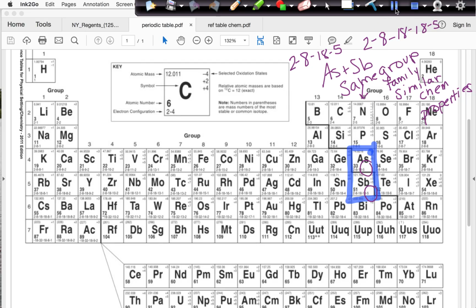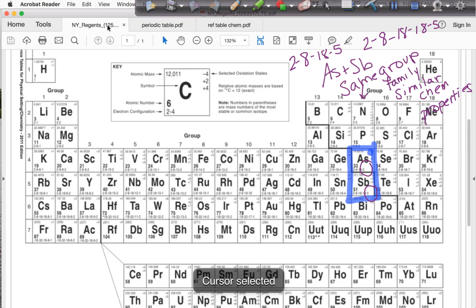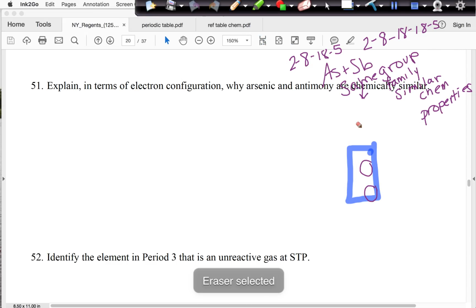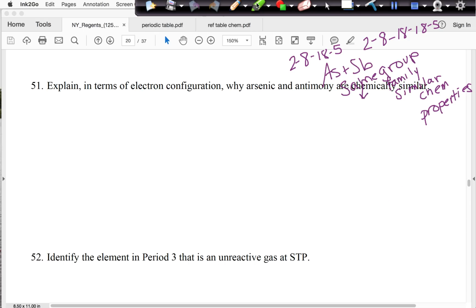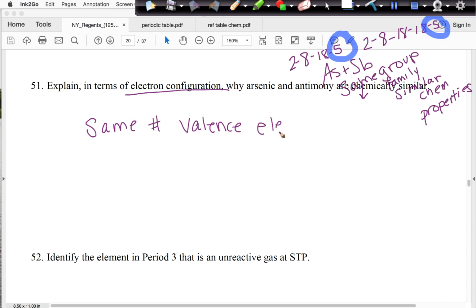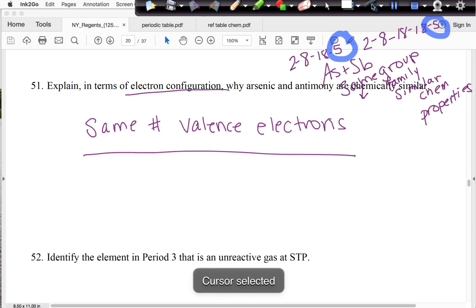So arsenic and antimony have the same last number in their electron configuration. Having the same last number means they have the same number of valence electrons. So they have similar chemical properties because they have the same number of valence electrons.